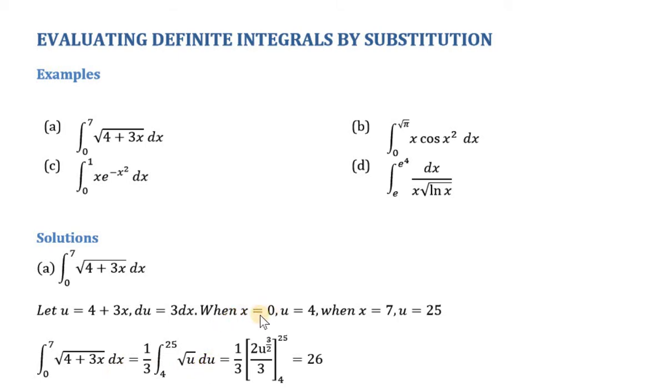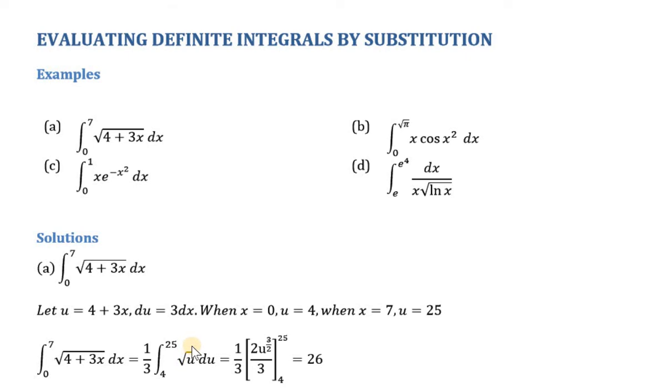Then we need to change the boundary in terms of u, because this is the boundary of x. When x is 0, u becomes 4 plus 0, which is 4. When x is 7, u becomes 4 plus 21, which is 25. So we need to change everything in terms of u.